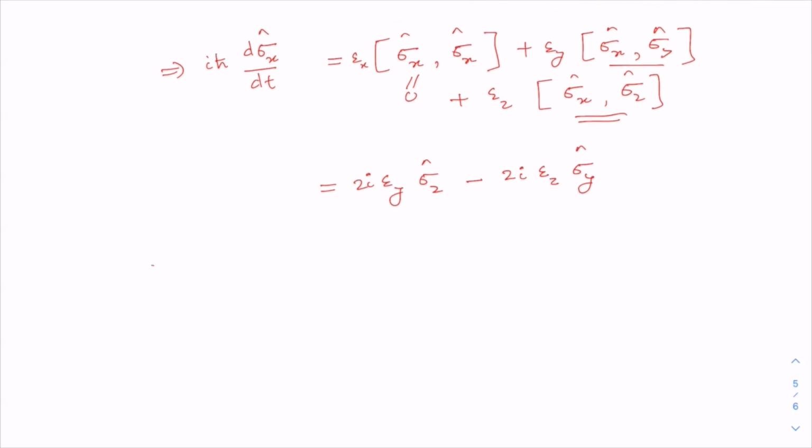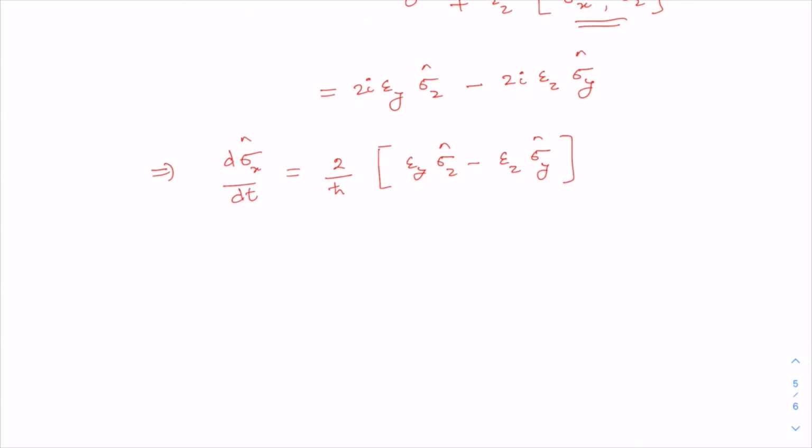Or I can write d sigma x of dt is equal to 2 by h cross, let me write here, epsilon y sigma z minus epsilon z sigma y. This I can write a little bit cleverly as 2 by h cross.